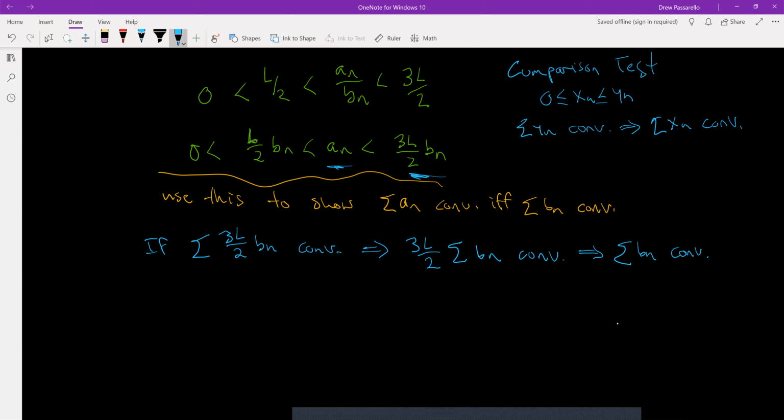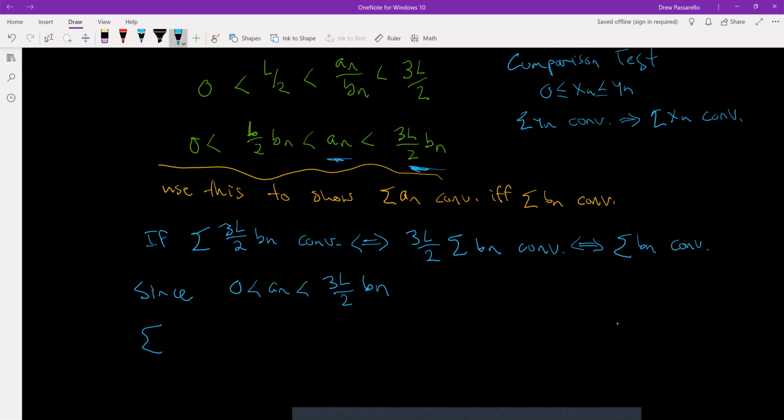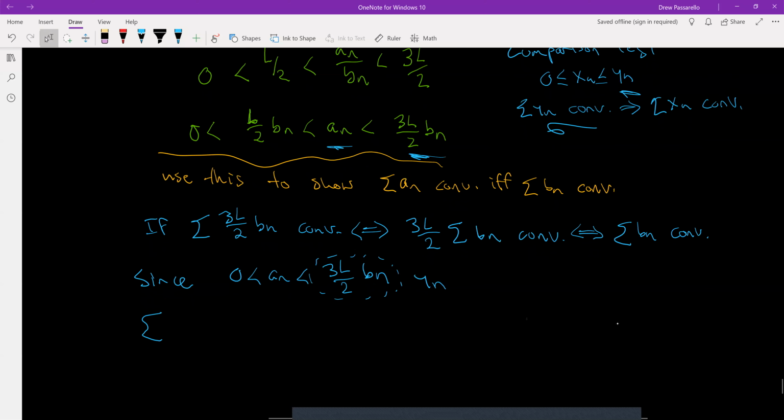And note that since we have 0 less than an less than 3L over 2 times bn, and these are technically if and only ifs, then we have that the convergence of this, which is like our yn, implies the convergence of an.